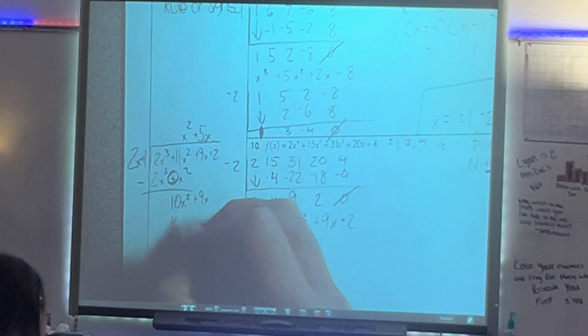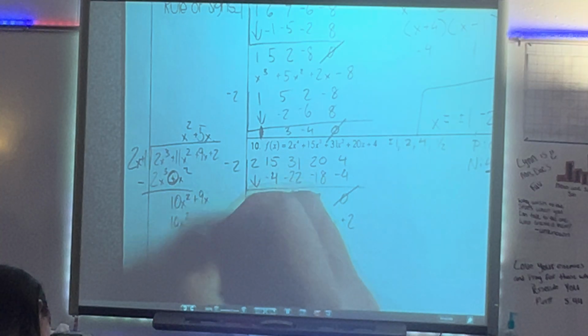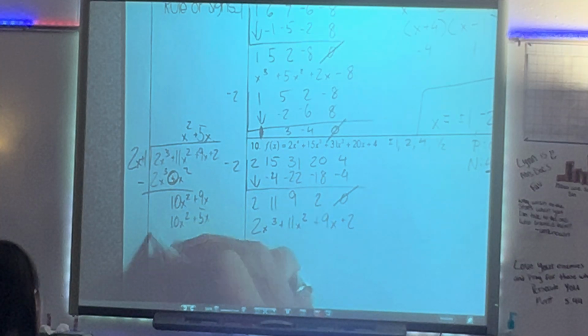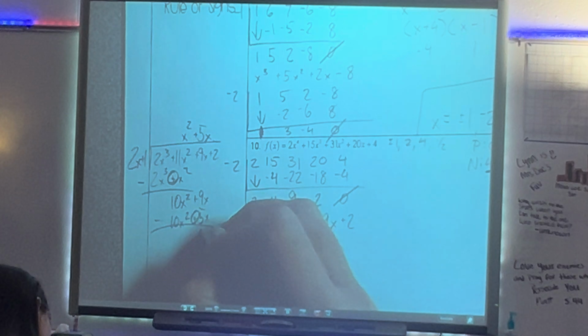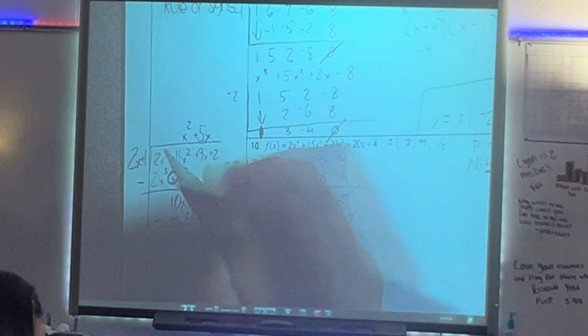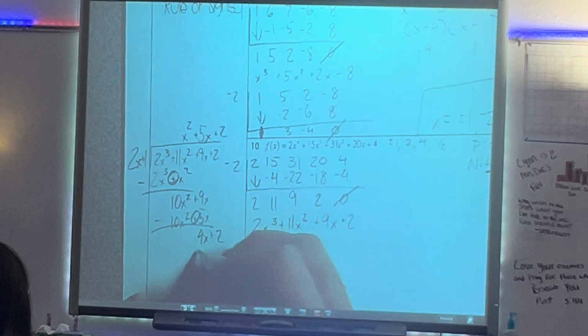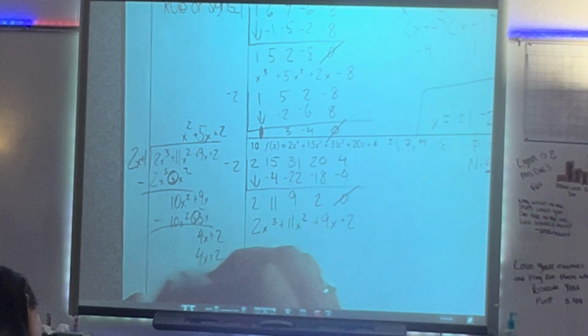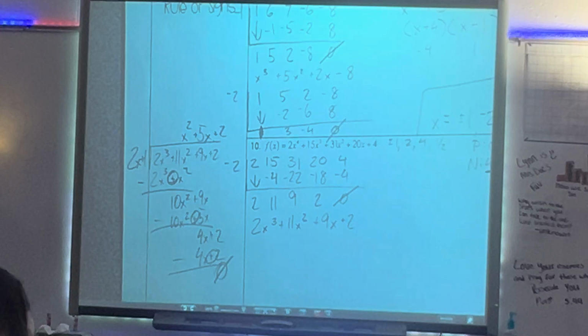I'll multiply back through 10x squared plus 5x. I'm going to have a sign change here, so that gives me 4x plus 2. So then that's going to be a plus 2 back there, which gives me 4x plus 2. And when I make the sign change, everything cancels. Okay, so now I've got x squared plus 5x plus 2, which does not factor.